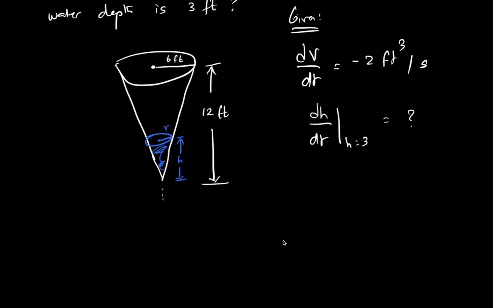The rate that they're asking for is the height. So let us see what is the relationship between these two variables. So the relationship between these two variables is that volume is 1/3 pi r squared h. But as you can see, we have three variables, but we have only one rate given to us.